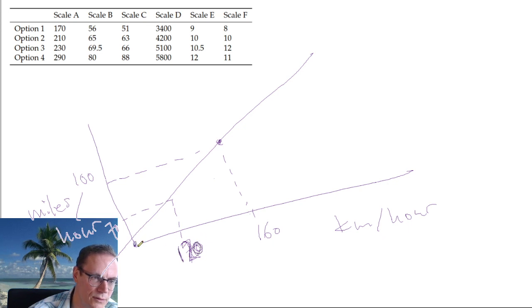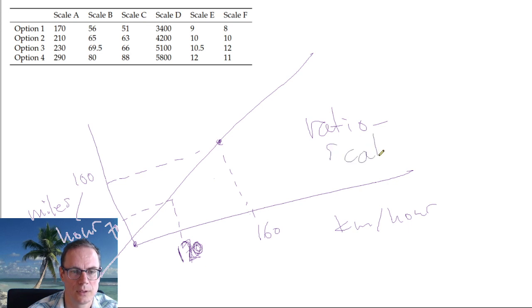But we know that 0 miles per hour is 0 kilometers an hour. So these are ratio scale equivalent.